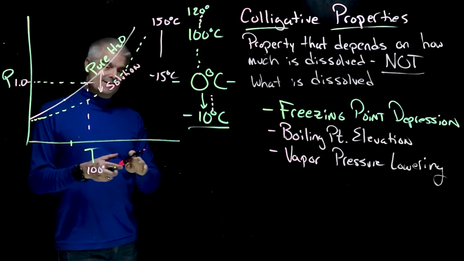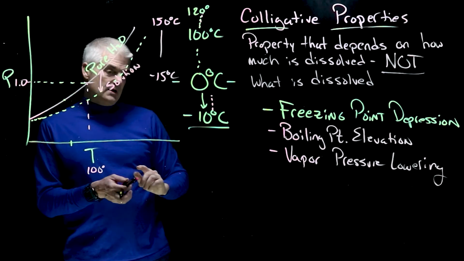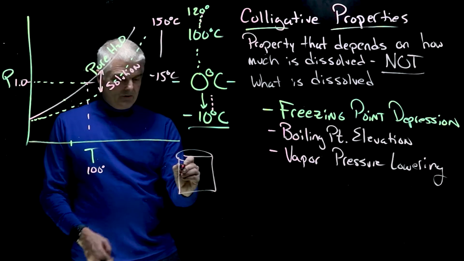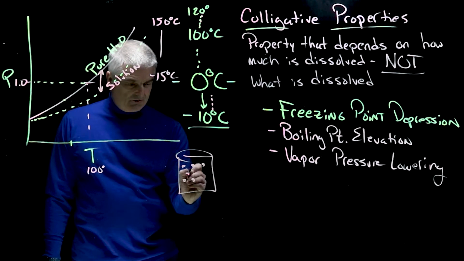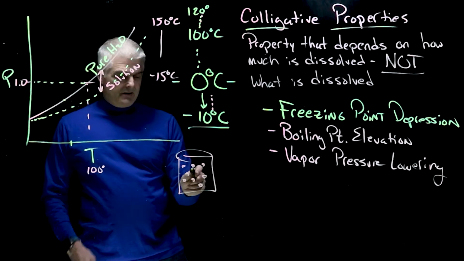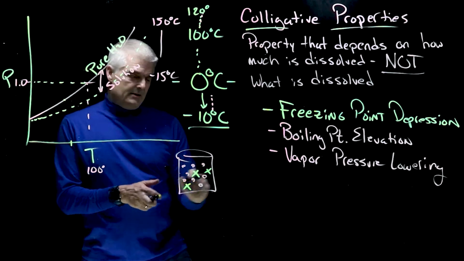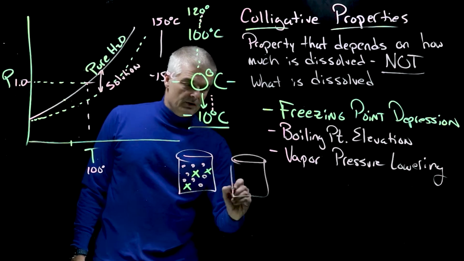And the reason it does that, and this is awesome, I think, is because of forces of attraction. So if I have a beaker filled with some solvent, and I'll say X's are my solutes, and then another beaker filled with just the circles.